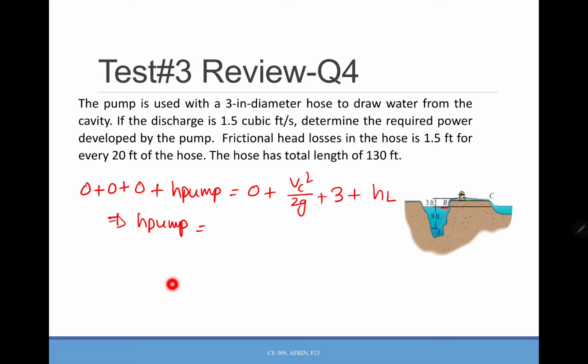For VC you have the Q, you can calculate the area, and that gives your VC.